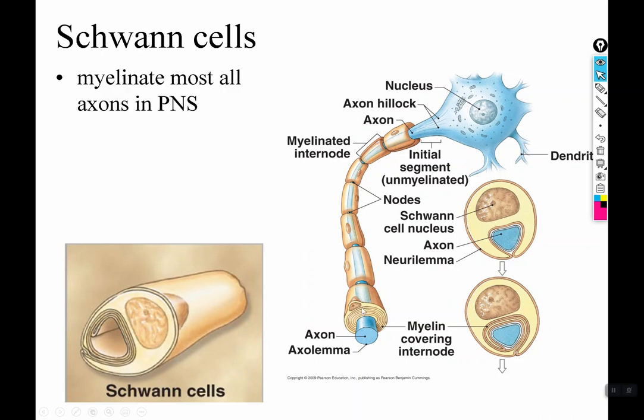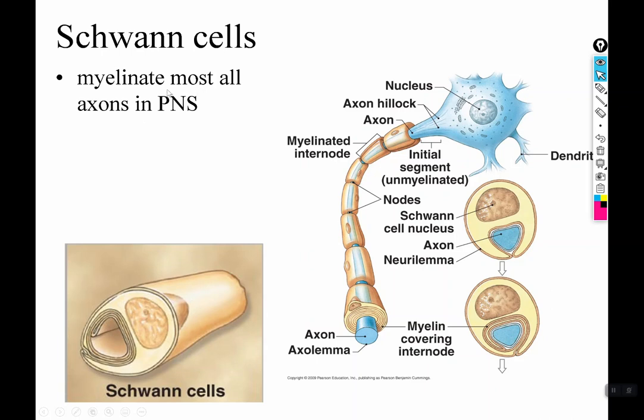It's not going to myelinate any other ones. So what you get is this appearance where there are multiple Schwann cells myelinating this one axon, kind of like beads on a string. Schwann cells myelinate nearly every axon in the peripheral nervous system.